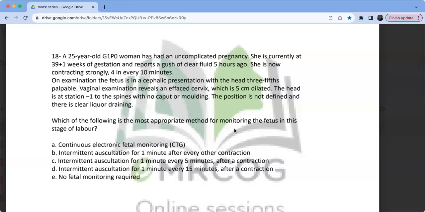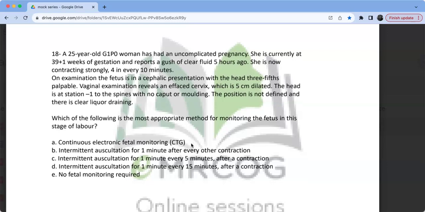Yes, it's intermittent auscultation. In the first stage of labor, it should be every 15 minutes. Thank you. Yes, D.